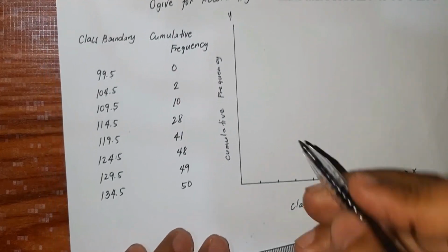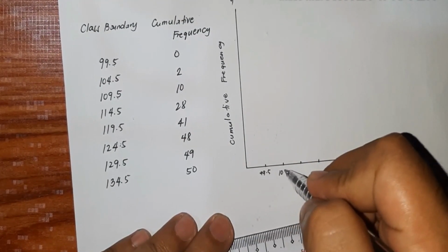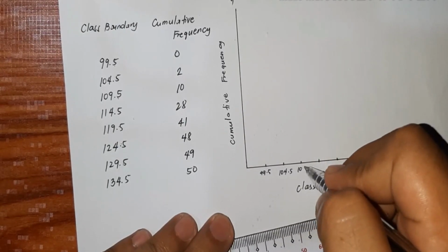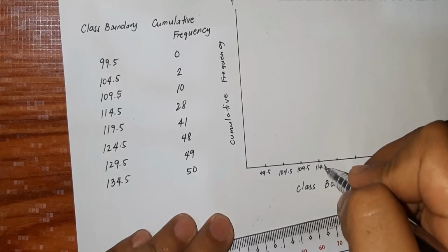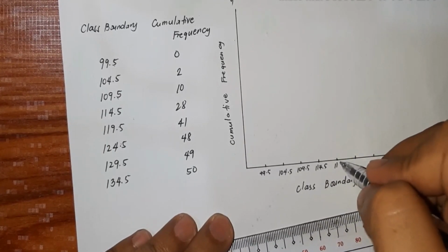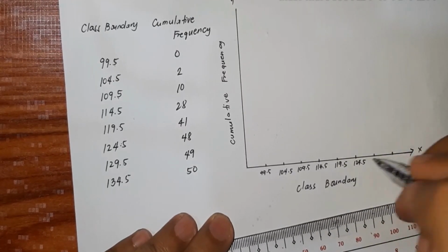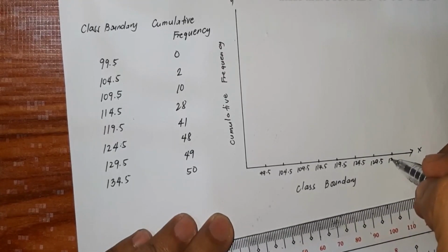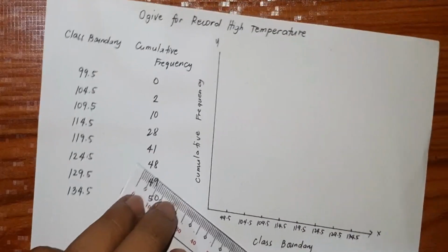Okay, so this is our 99.5, 104.5. So this could be 109.5. Next is 114.5. We have 119.5, 124.5, 129.5, and then 134.5. Okay, so those are our x-axis.